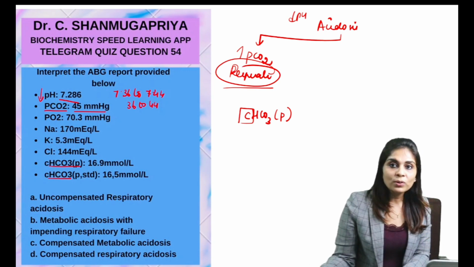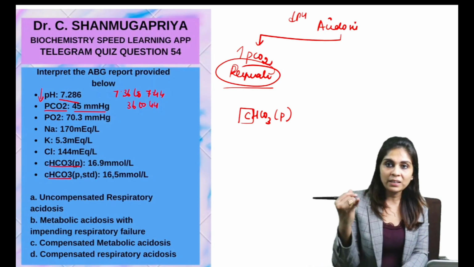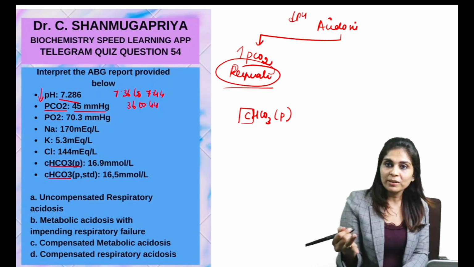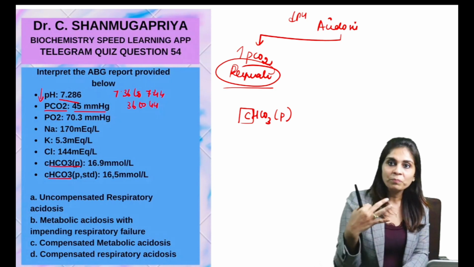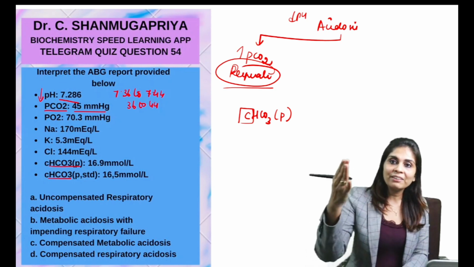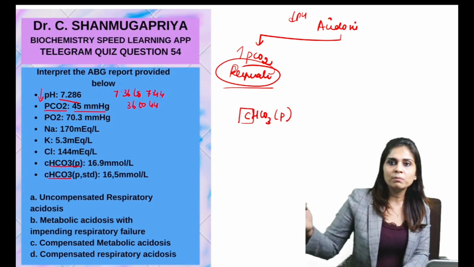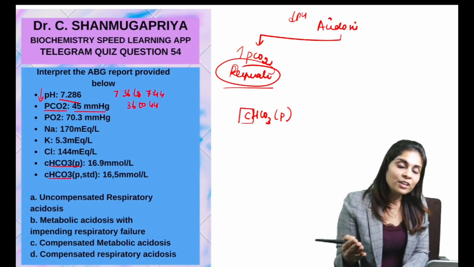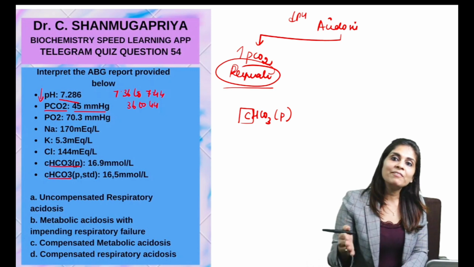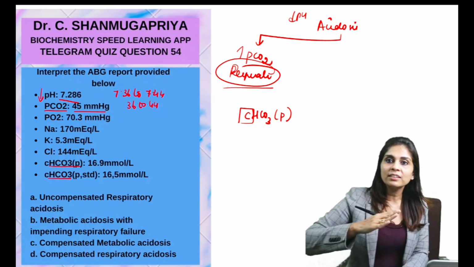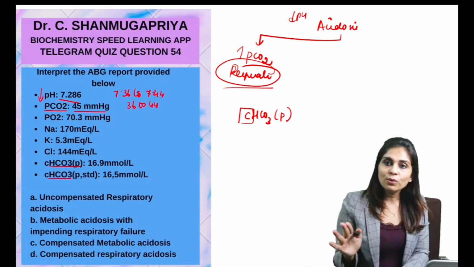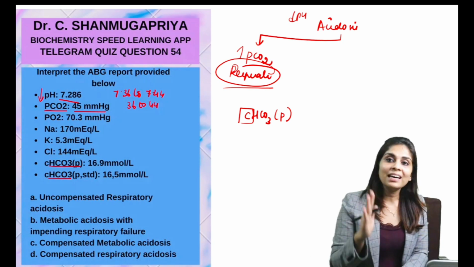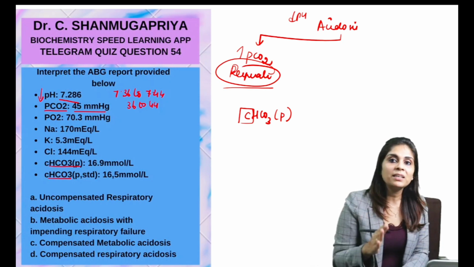I want you to know that an arterial blood gas analyzer has electrodes to measure pH, a specific electrode to measure PO2, PCO2, a specific electrode to measure every electrolyte: sodium, potassium, chloride, sometimes they measure calcium, sometimes they measure lactate. So for all these parameters, they have unique electrodes to measure every parameter. But there is no electrode or mode for directly measuring bicarbonate in an ABG analyzer.